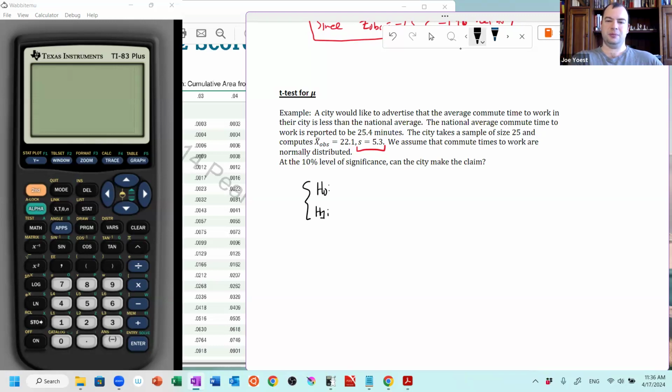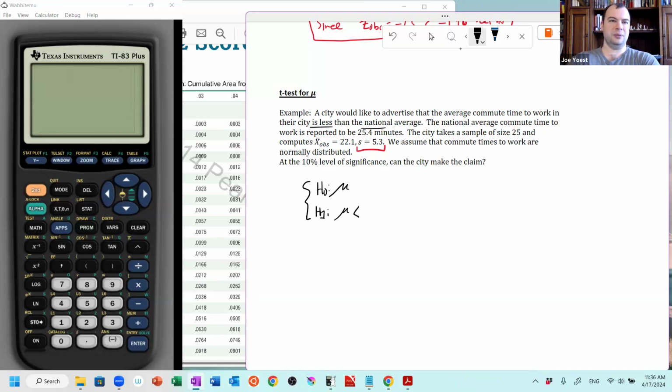So we started by setting up our hypotheses. We're interested in making a claim about mu, our city's average commute time to work. We're trying to argue that our average is less than the national average.